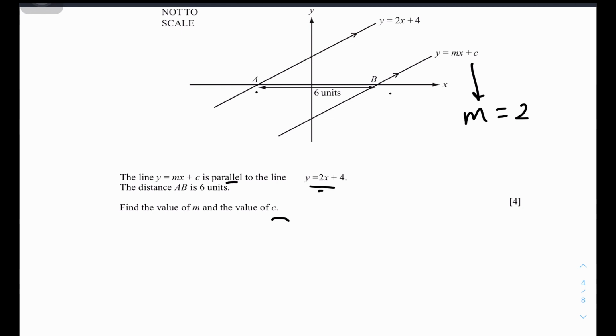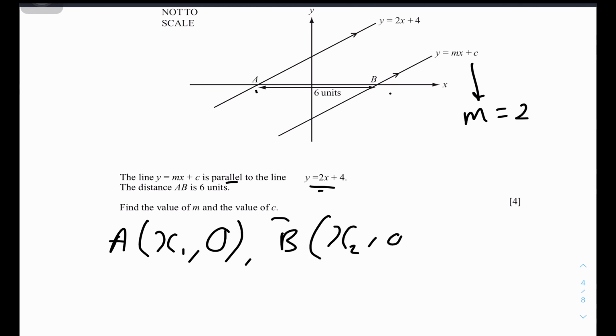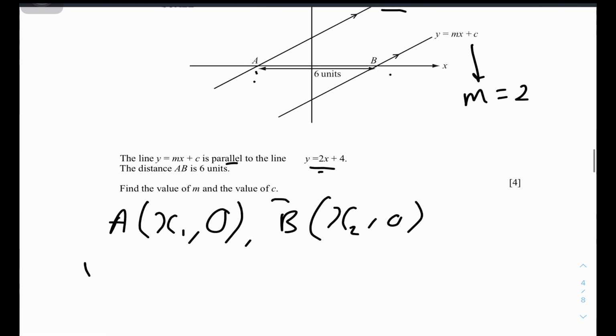And we know that point A is on the x-axis. Sorry, the y value is 0 because it's on the x-axis, so it'll be x1, 0. And B is just x2, 0. So we know that point A is on the line y equals 2x plus 4, so we're going to put this condition in here.